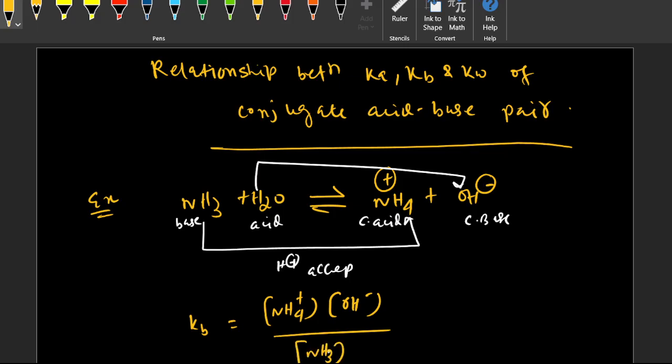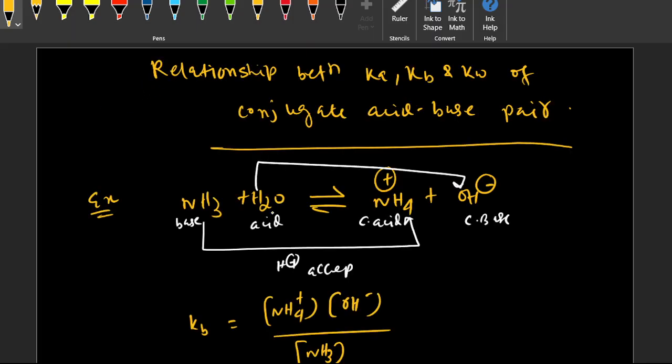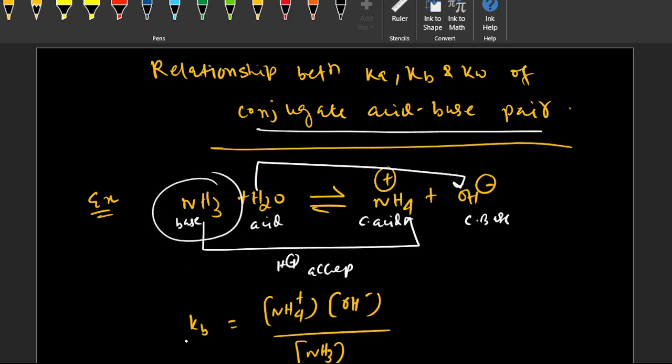Water is not taken because it is in very large excess, so it is taken as a unit. So this is the Kb. We are talking about a conjugate acid-base pair. So Kb for this base is this.